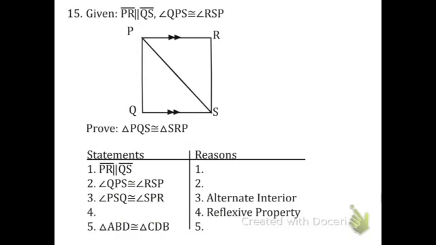Moving on to 15, we know that PR is parallel to QS. That's a given. Angle QPS is congruent to RSP. That's also a given. The next part is already listed for us.